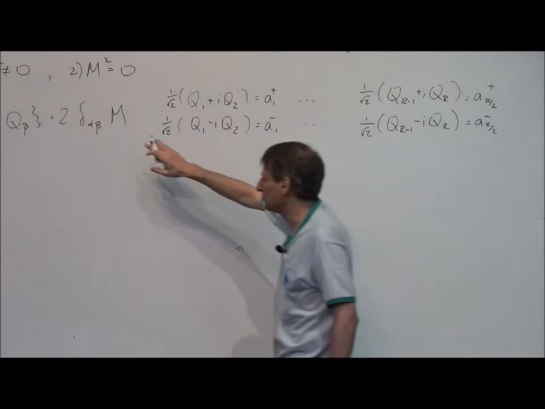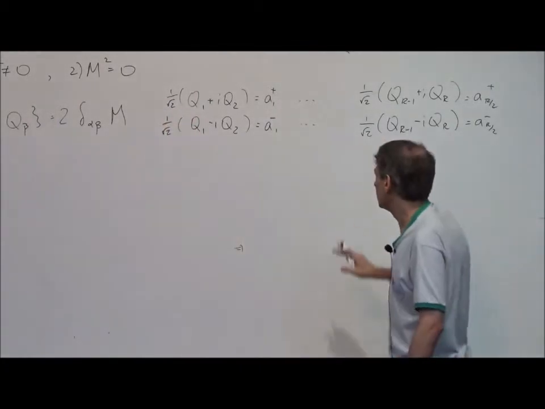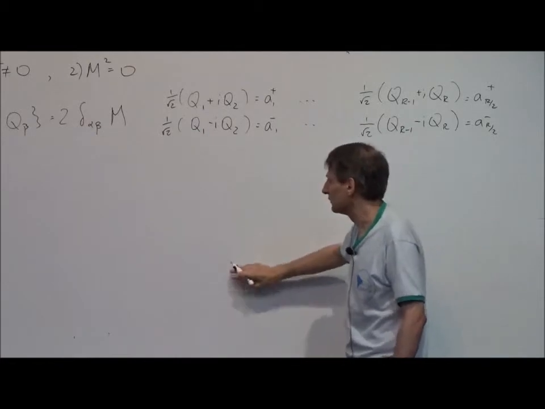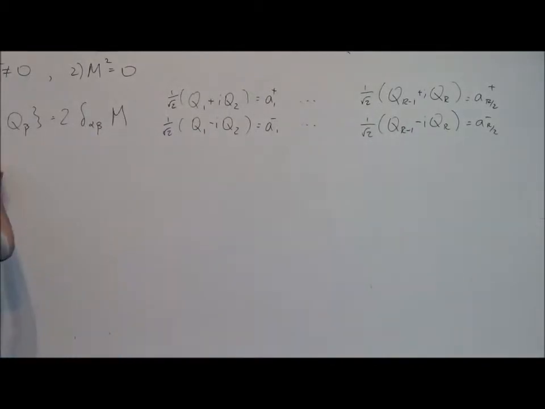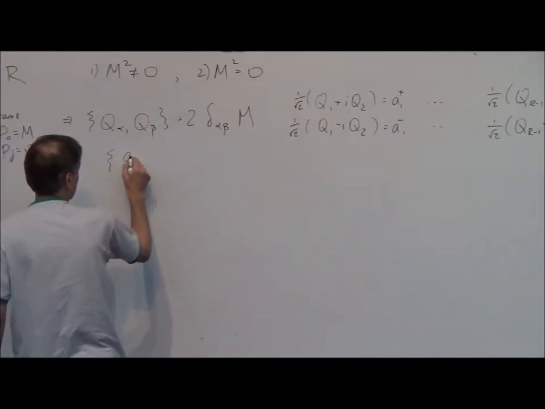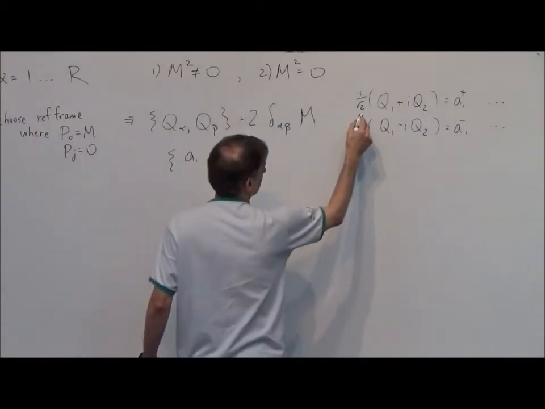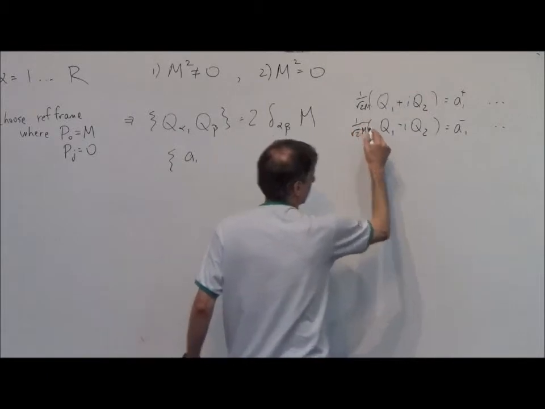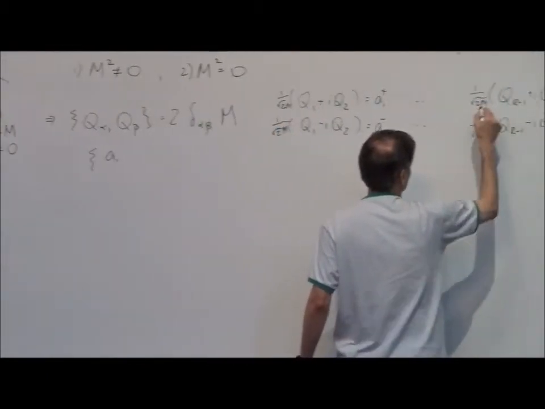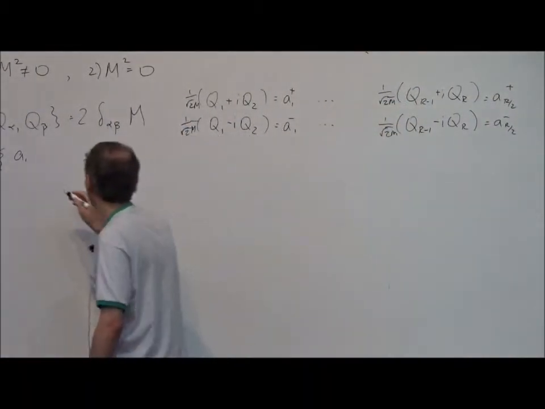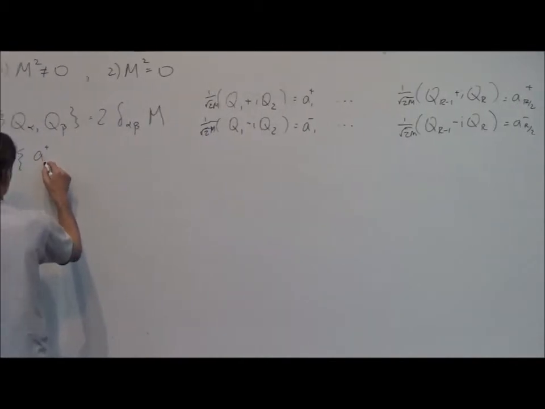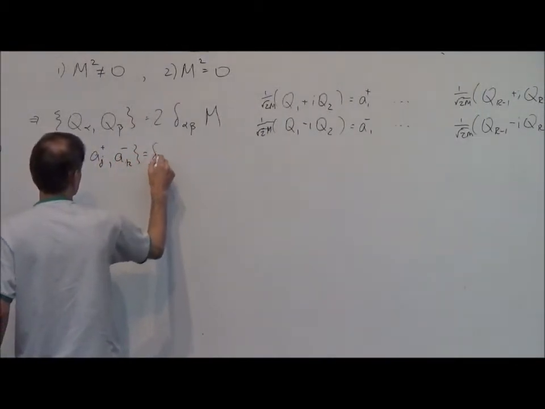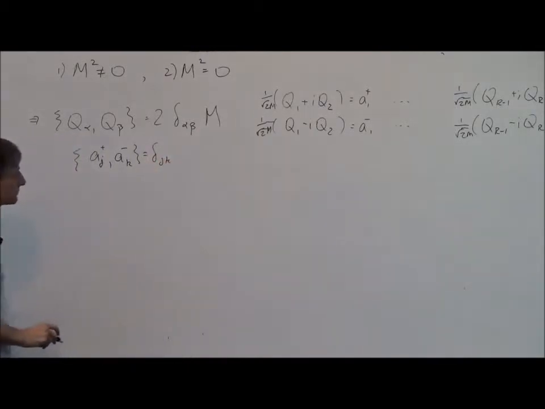Let's set m equals a half, just to simplify. These satisfy the same algebra as the B's. We divide this by m, and it's the same algebra. So we have {A plus J, A minus K} just equal to delta.